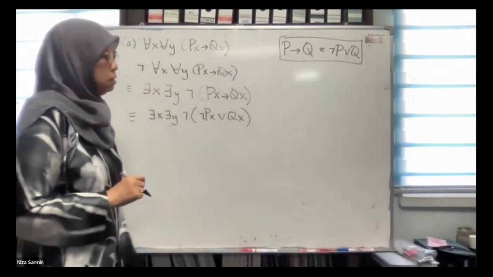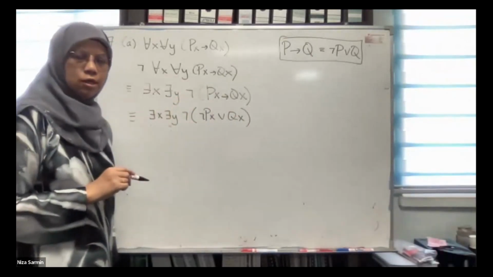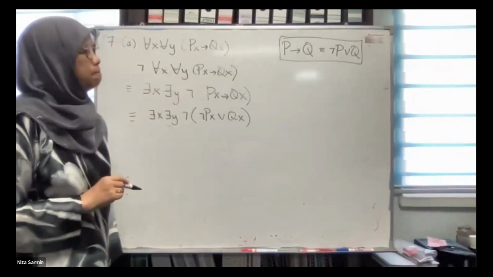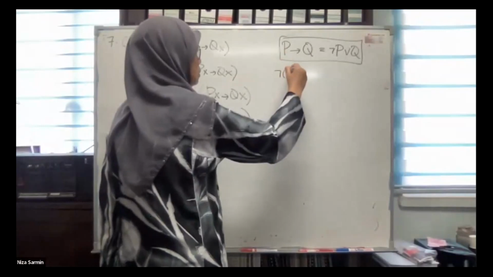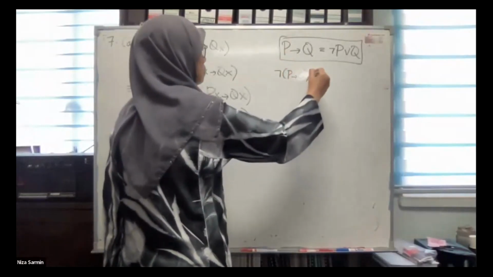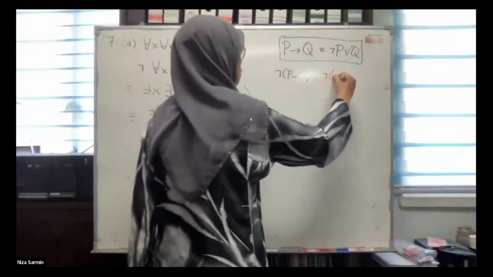Because you can only do this with conjunction or disjunction. Okay. If you see this, you put not here. You put not here, you will put not here.